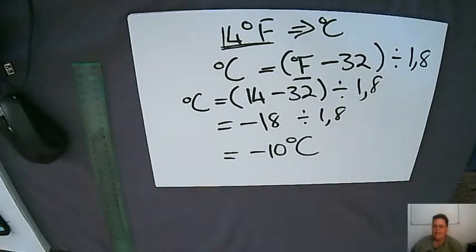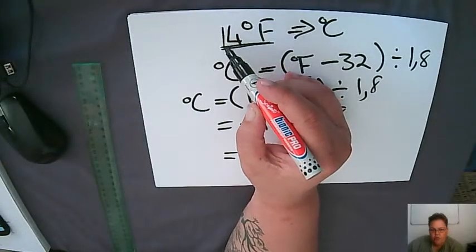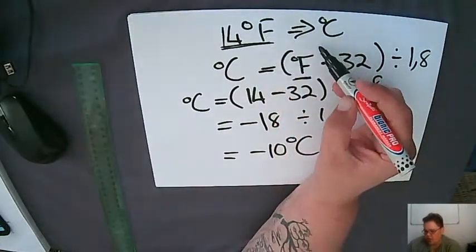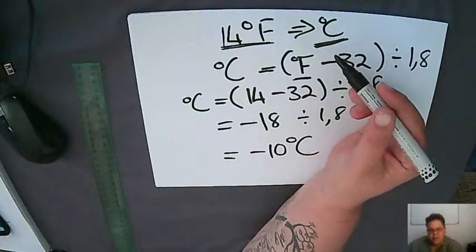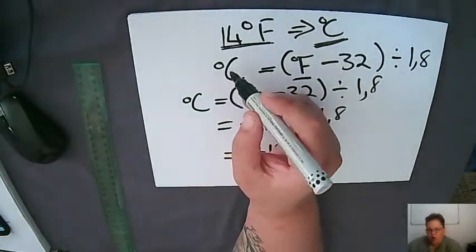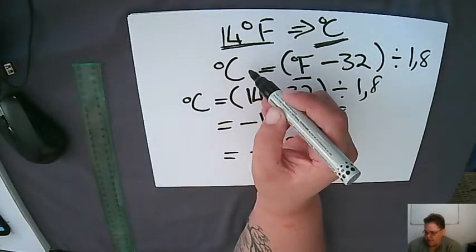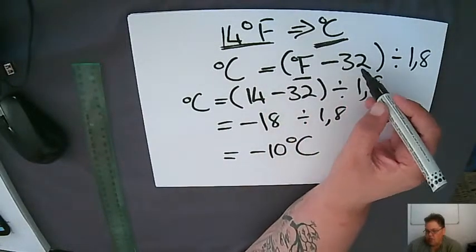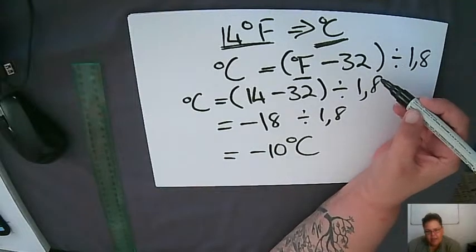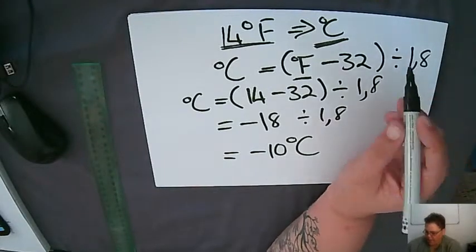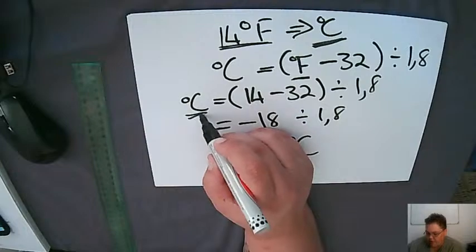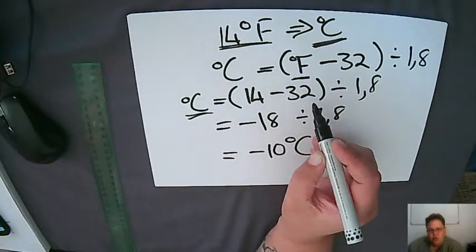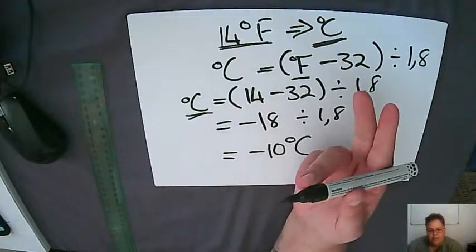Always remember, it has asked to convert 14 degrees Fahrenheit to degrees Celsius. So we are looking for degrees Celsius, and the formula is degrees Fahrenheit minus 32, close the bracket, divide by 1.8. So the degrees Celsius, which we are looking for, equals 14 minus 32. Do not make the mistake to flip this over.